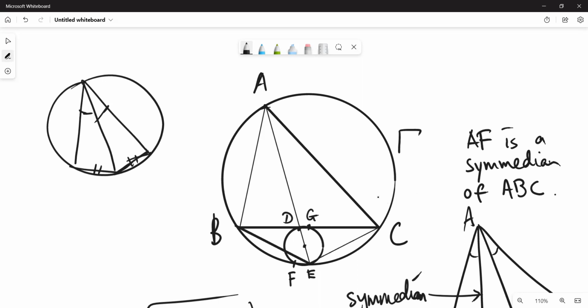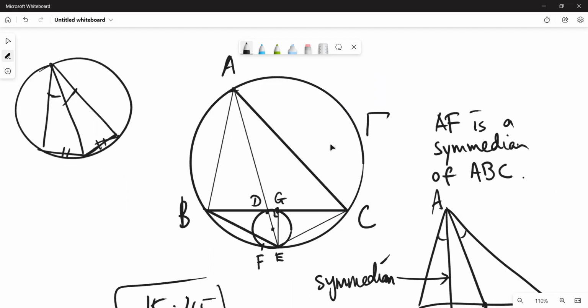And if we draw GE, then GE is perpendicular to DG, because DE is the diameter of that circle. But since this is an isosceles triangle, that means G is the midpoint of BC, right? So that's very good.